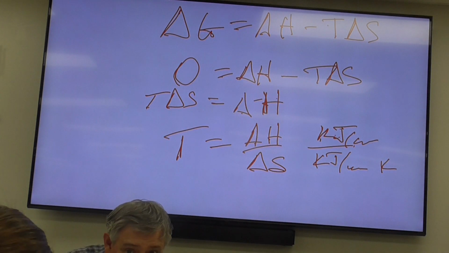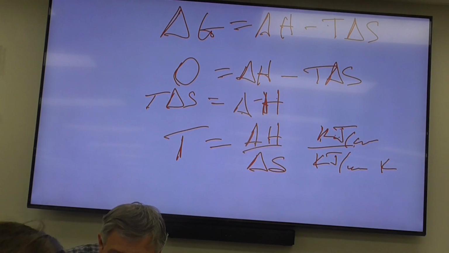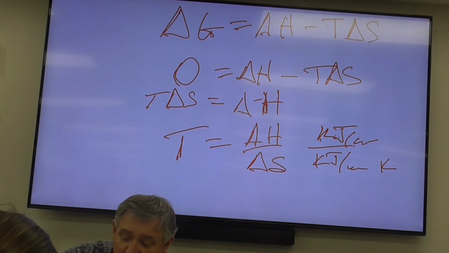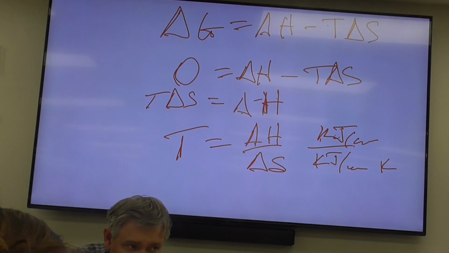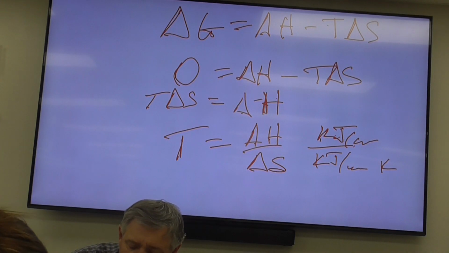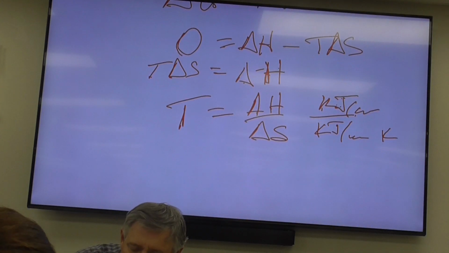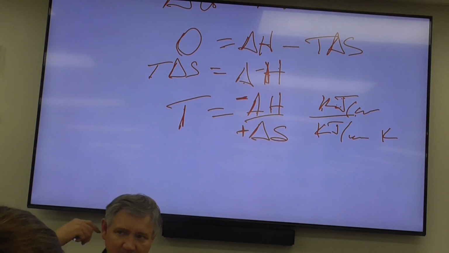Fractions. Whoa, yay for fractions. Now, because we're in Kelvin, can you ever have a negative Kelvin? No. So, here's what I want you to see. If you look at that first combination that we did, we had a negative delta H and a positive delta S, right?